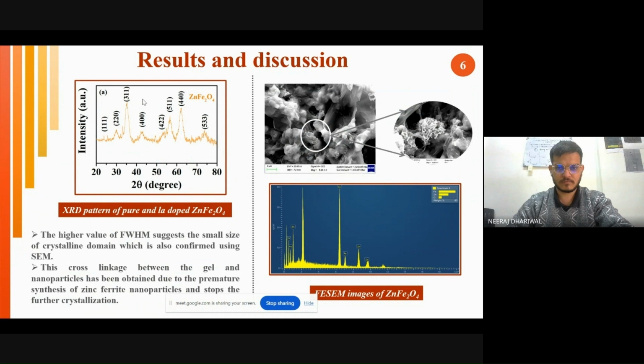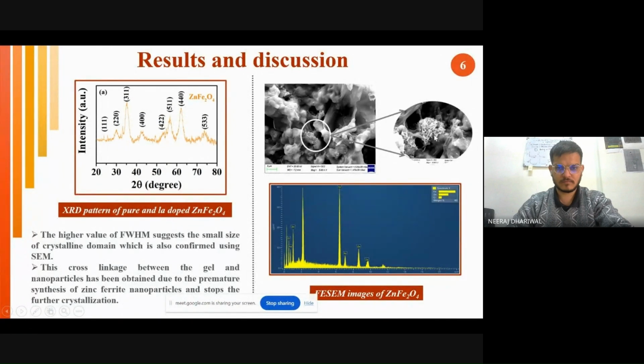It shows a broad peak, which indicates a small size of crystalline domain, which demonstrates that the crystallization has started but not completed as yet, and this is confirmed from the FESEM image. This FESEM image shows a blurry part, which shows a gel kind of structure. I have zoomed this one. This part shows the nanoparticles which are attached with the gel as well.